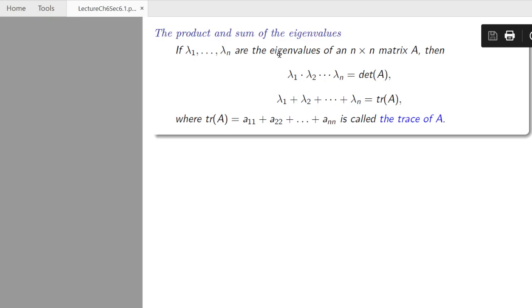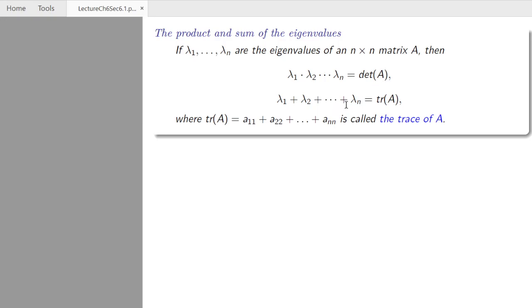Then we can get that the product of these n eigenvalues is the same as the determinant of matrix A. Recall A is a square matrix, so we can have its determinant.